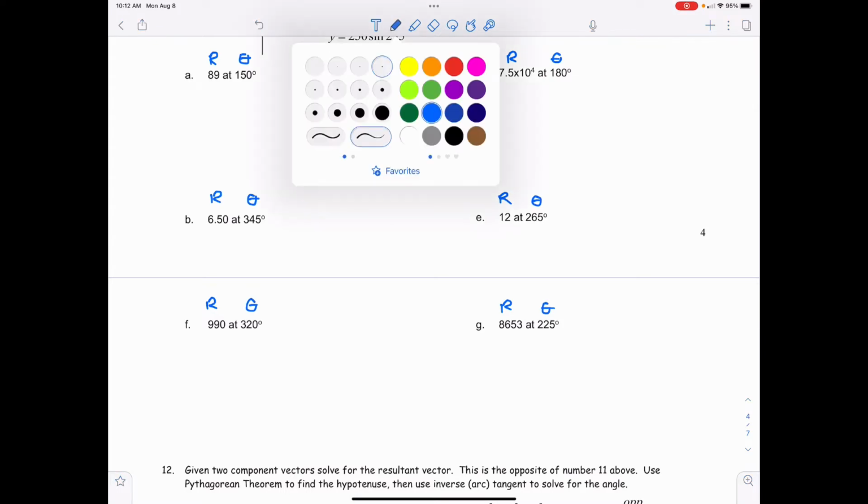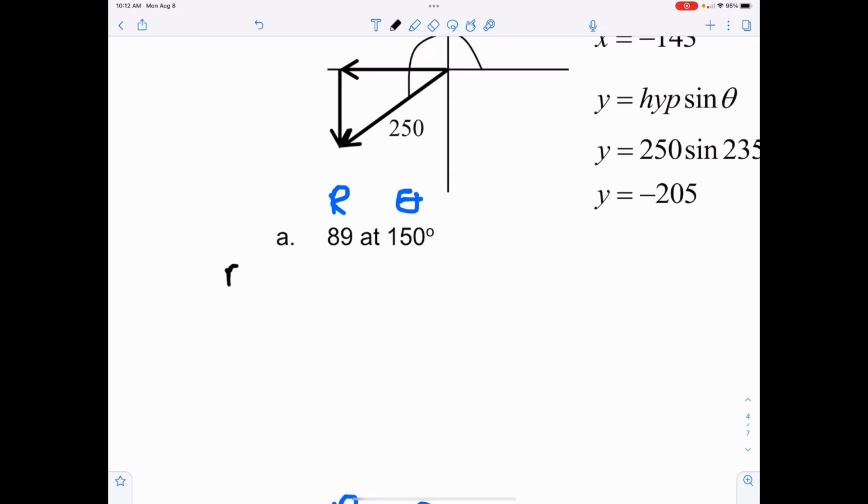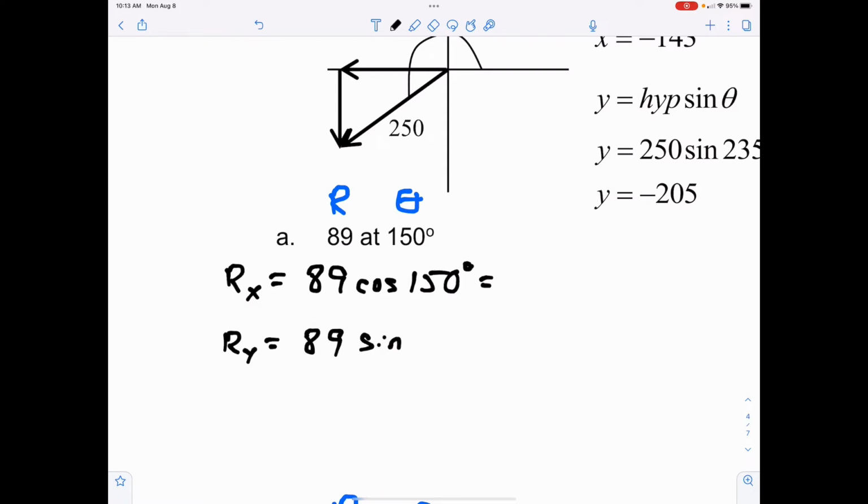Okay, let's take a look at one of these. So r sub x would be r cosine theta, or 89 cosine 150 degrees. And then r sub y is going to be the same magnitude, 89, but this time times the sine of 150 degrees.